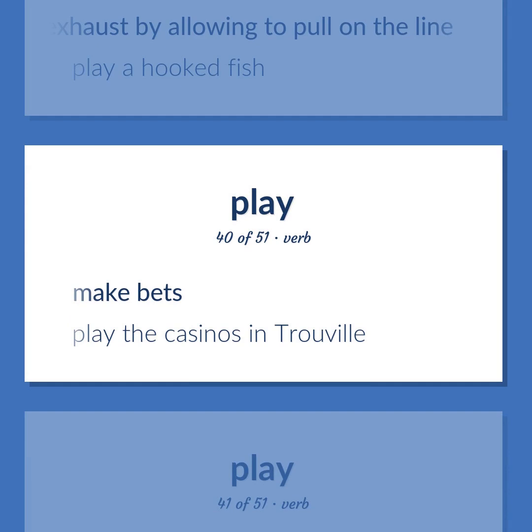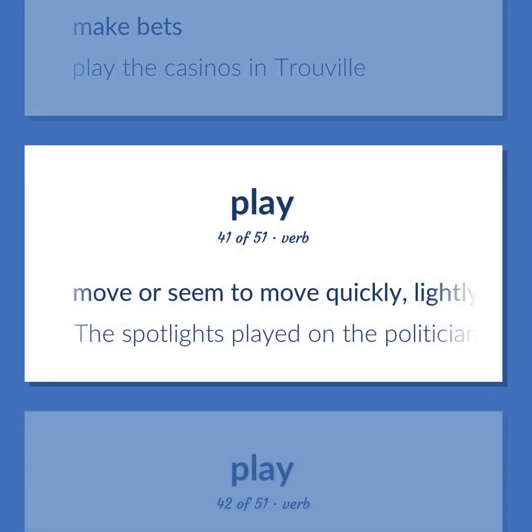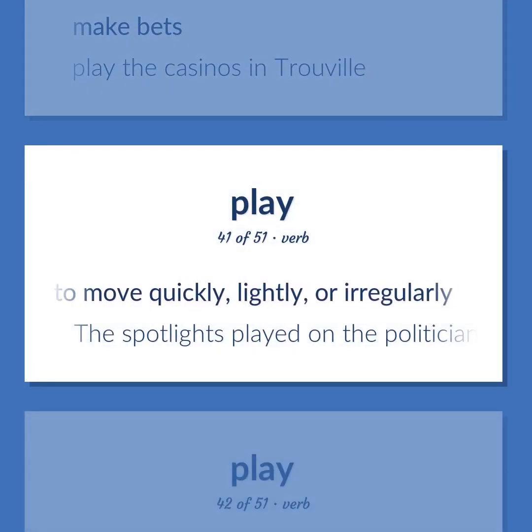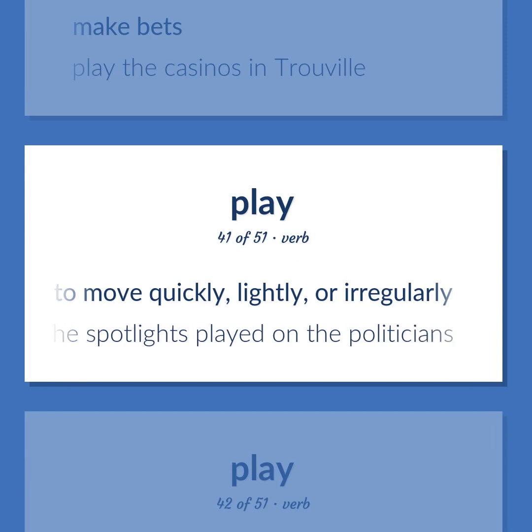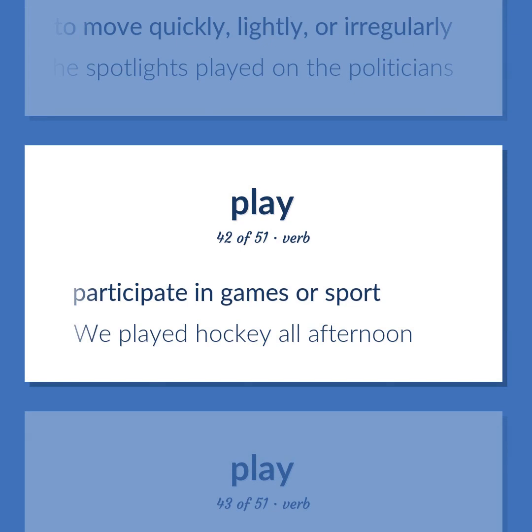Make bets. Play the casinos in Trouville. Move or seem to move quickly, lightly, or irregularly. The spotlights played on the politicians. Participate in games or sport. We played hockey all afternoon.